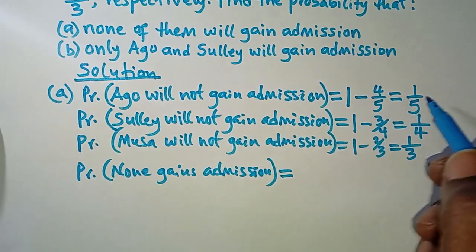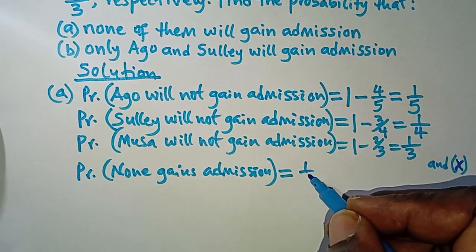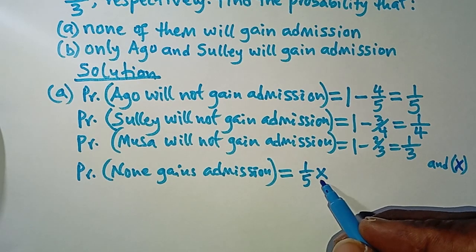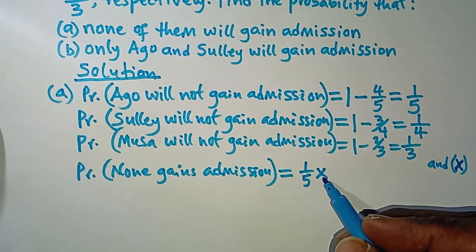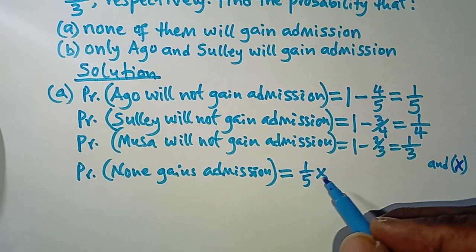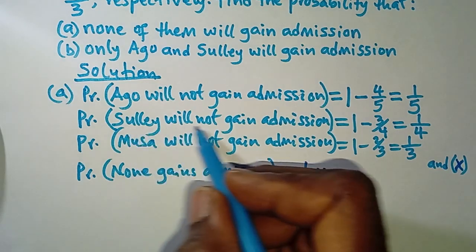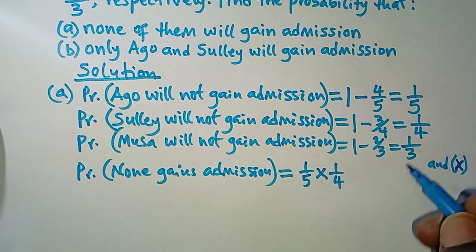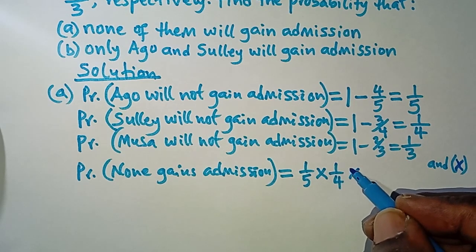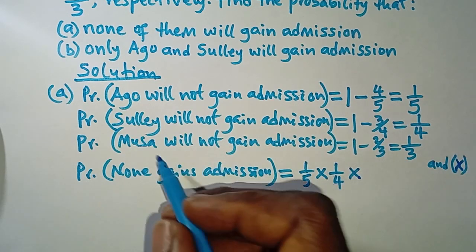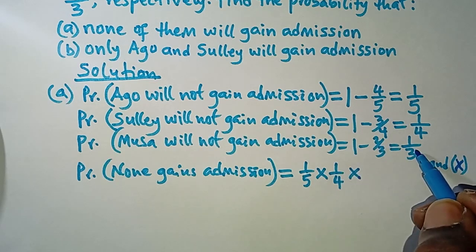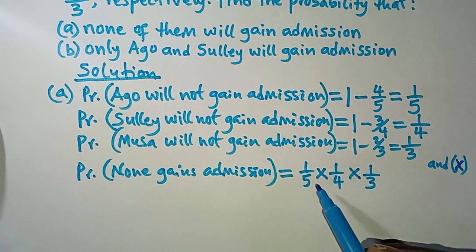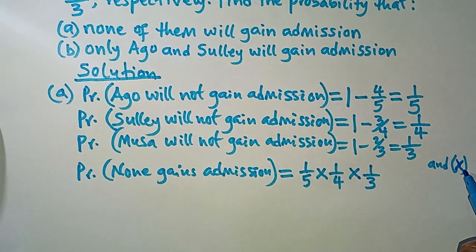So Ago will not gain admission is 1/5. And so don't forget, I use my multiplication for and. So probability that Ago will not gain admission and Sule will not gain admission is 1/4. So I say times 1/4. And I put another multiplication to represent the and Musa will not gain admission is 1/3. So that is what has been represented. Don't forget that and is multiplication.